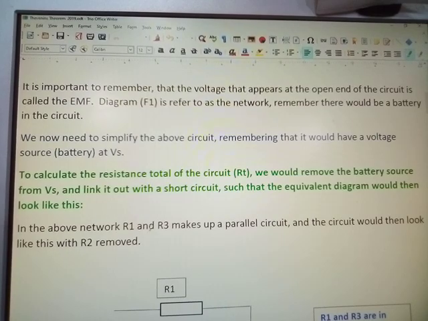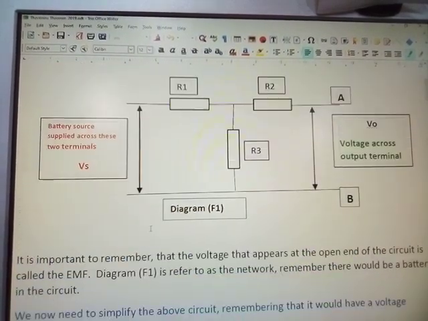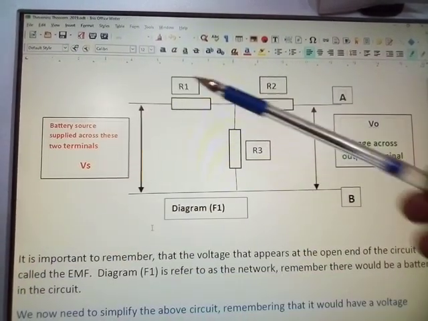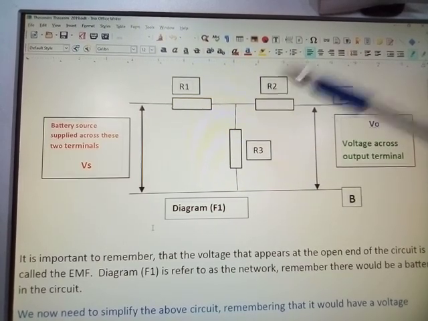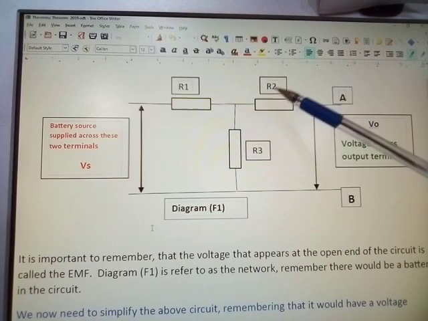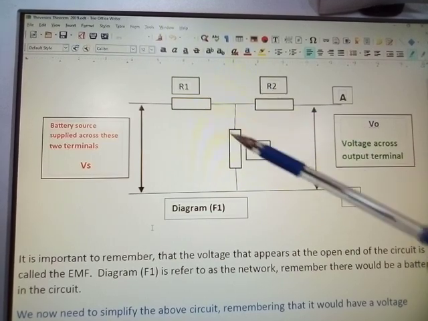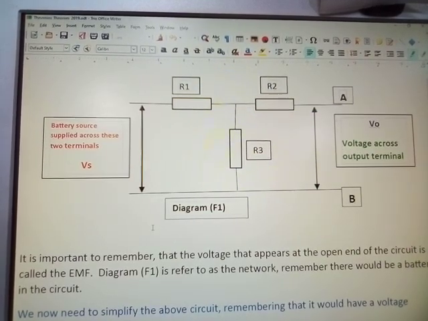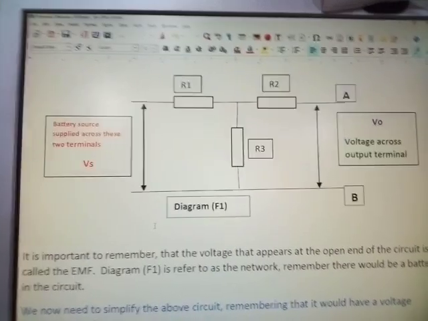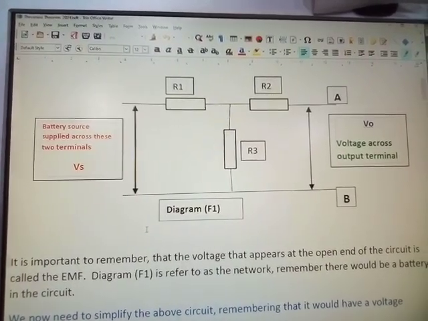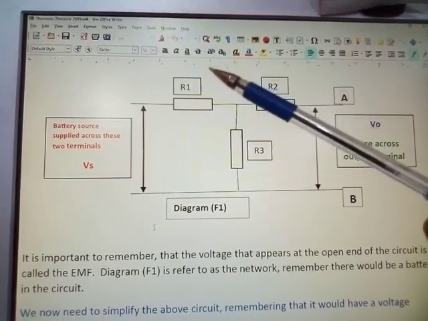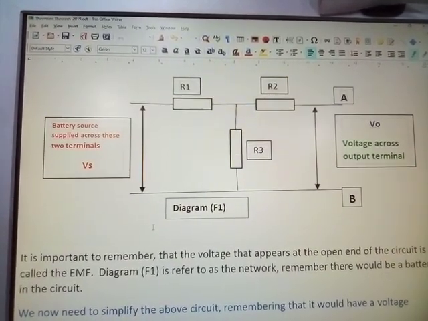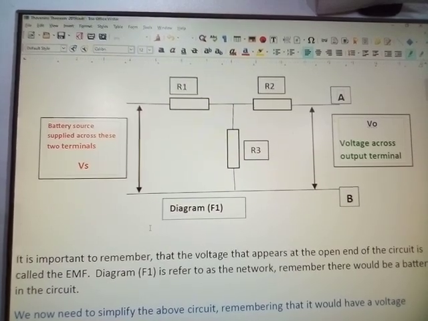Let's go back to the diagram: R1 and R3 we're using as our parallel circuit, and we have removed R2 because R2 at this stage will not be applicable in respect of our parallel circuit. Bear in mind that we've used R1 and R3 to formulate the parallel network.